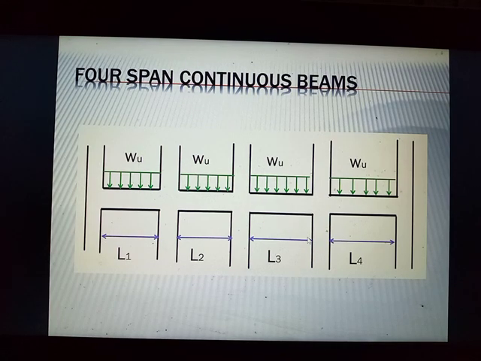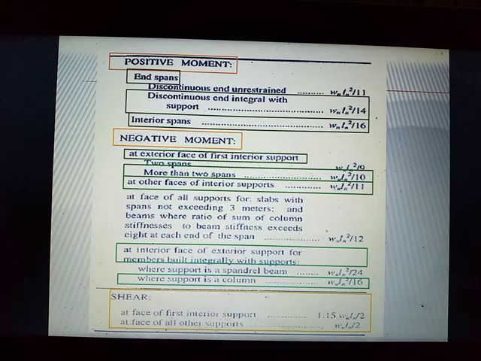So what should we do in this situation? Again we refer to the table and choose what is applicable. For the end span, discontinuous and integral with support, we can use Wu Ln squared over 14. For interior spans, the same, Wu Ln squared over 16.